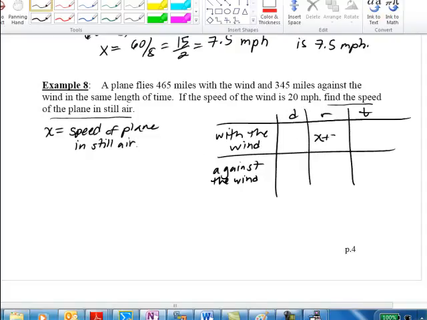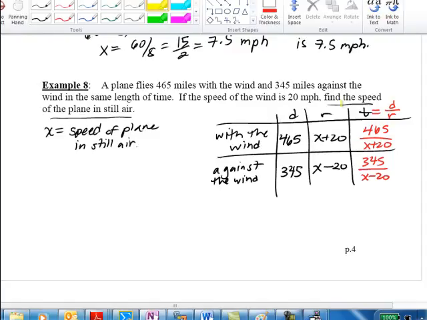So x plus 20. Against the wind is going to slow us down, so we'll take our air speed and subtract the wind speed. The distances were given, 465 for that one, 345 here. And for the time, we're just going to do the distance divided by the rate. So 465 over x plus 20 for the first one, and 345 over x minus 20 for the other one.